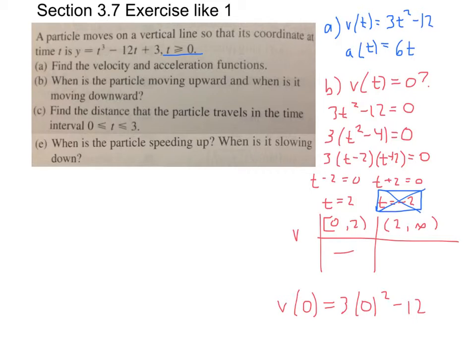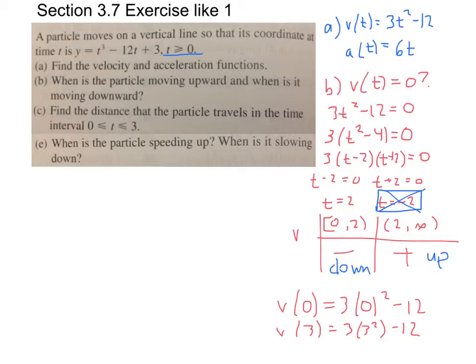So on the other side, at something like v of 3, 3 times 3 squared, which is 9, is 27. 27 minus 12 is going to give me a plus. So this tells me it's moving upward here and downward here. And again, upward is the positive velocity direction, downward is the negative velocity direction.